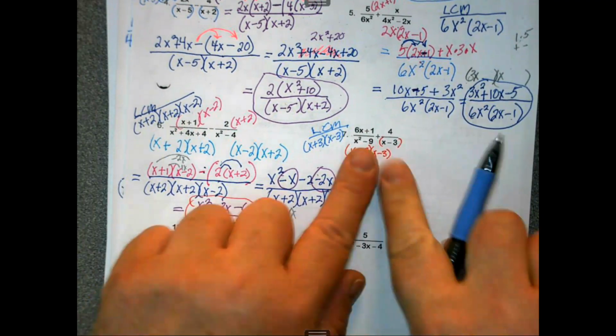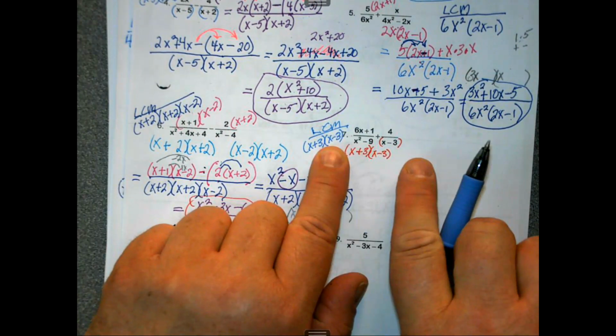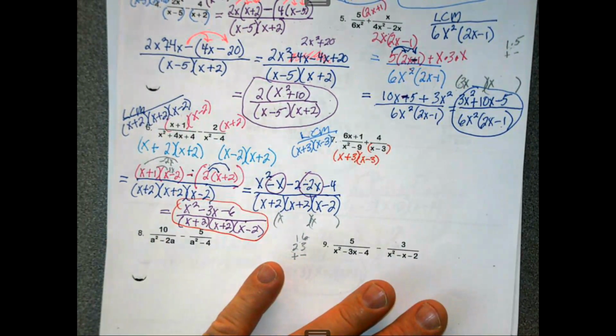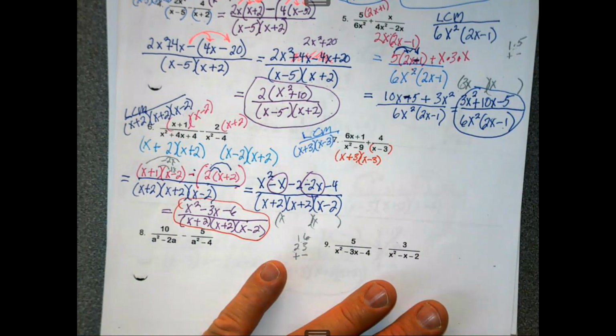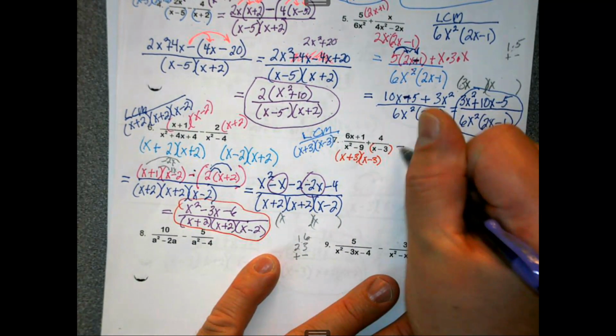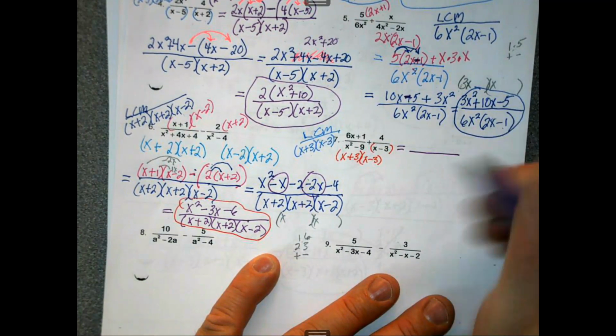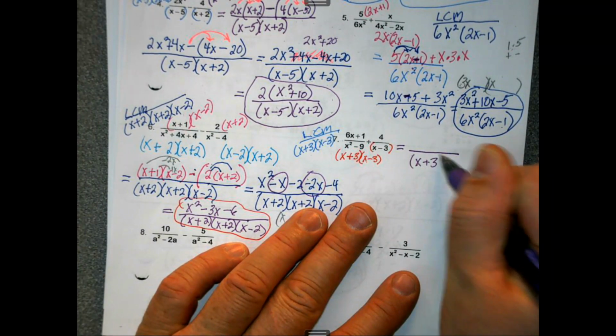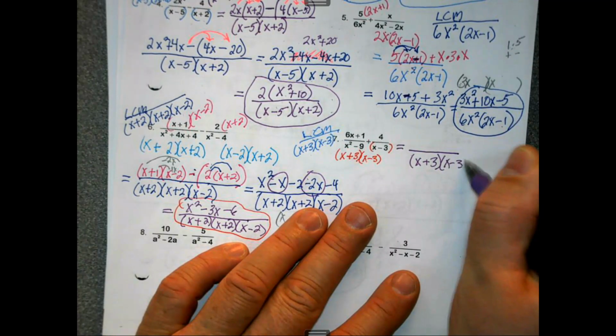And this one, I only need one x minus 3 and I already have it. So we're good. This one isn't nearly as bad. So my common denominator is x plus 3, x minus 3.